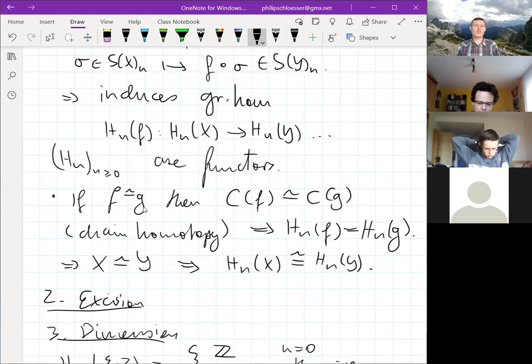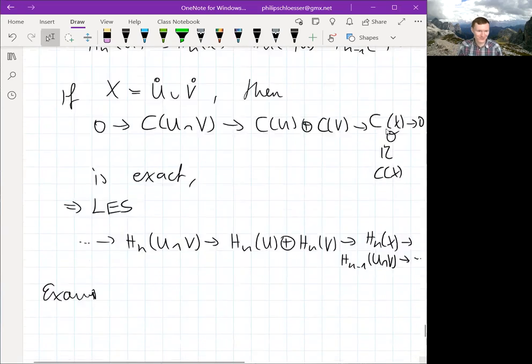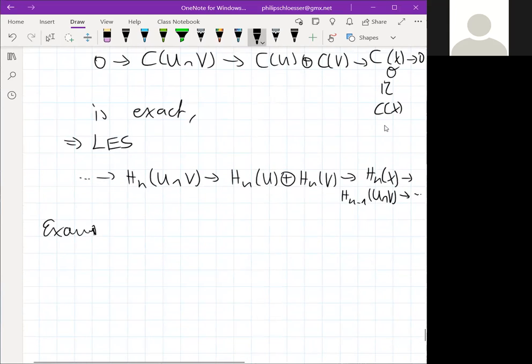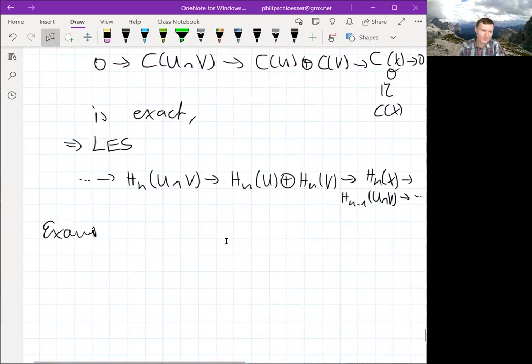This is just some very algebraic notion, but it has the desired effect that they in fact induce the same maps on homology. I'll watch the last lecture then. If you really want to.